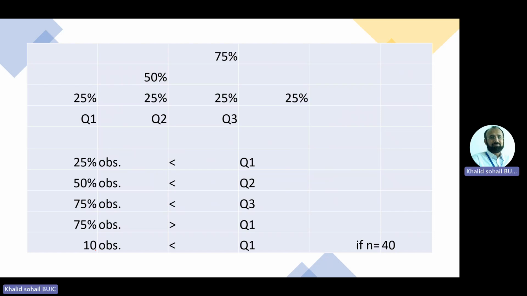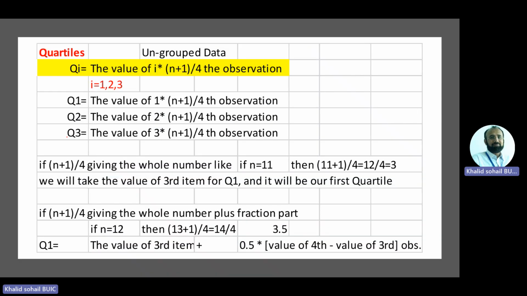Now let's start the calculation. We have discussed in the median part that we have ungrouped data as well as grouped data. For ungrouped data, we have this formula.